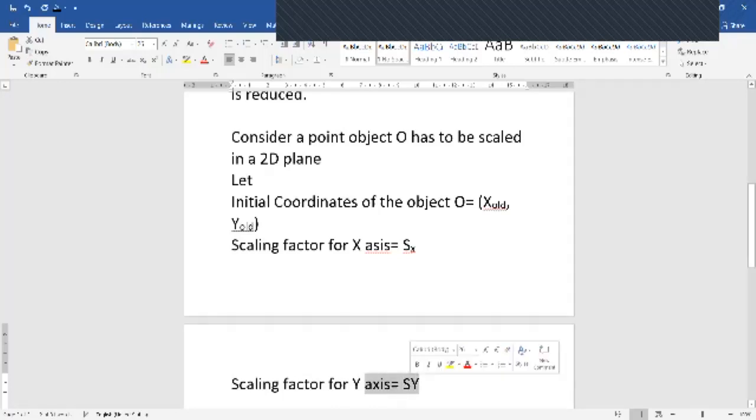Y is the y coordinate and x is the x coordinate.